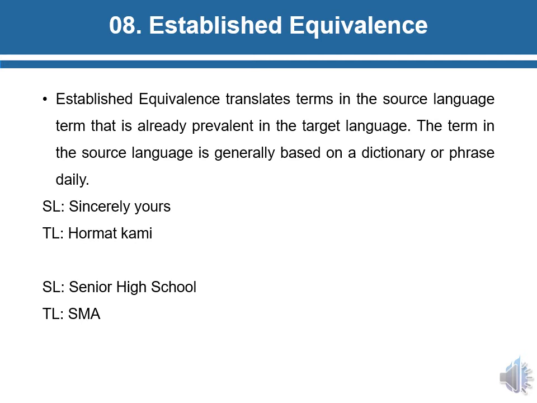Yeah, if you translate a certain field of study, you have to check for some terminologies. Yeah, some terminologies have been determined. They have already determined the equivalent for certain terminologies.